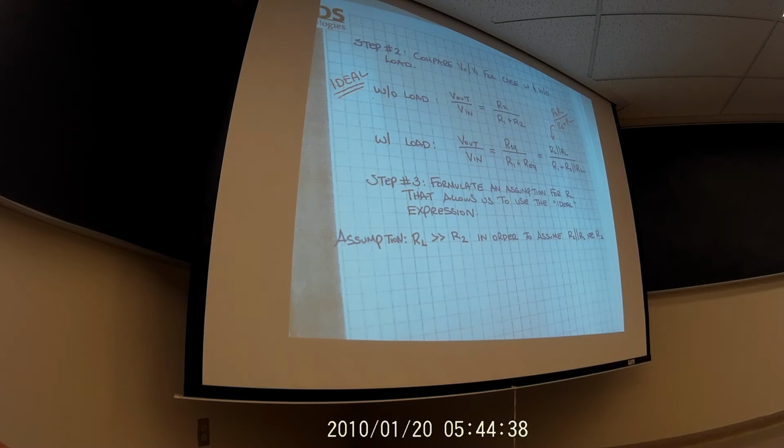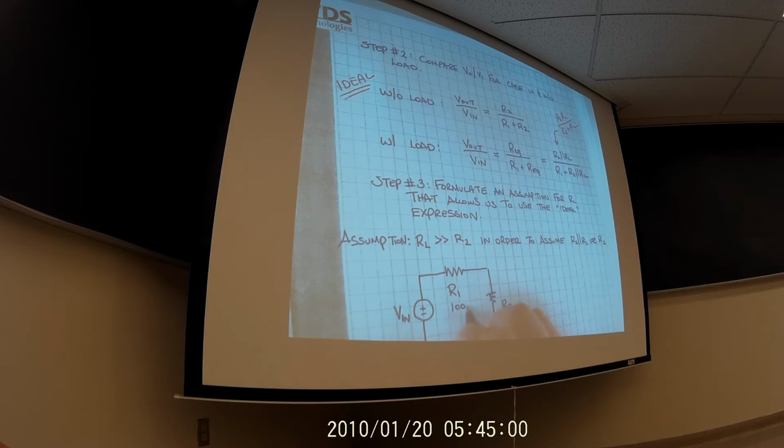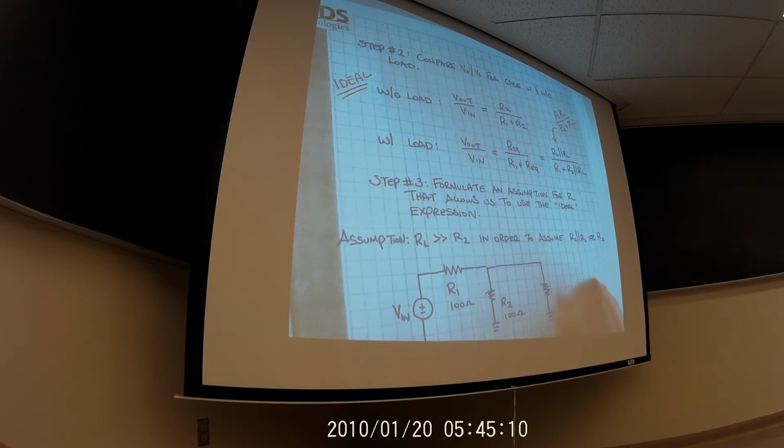So to give an example of that, let's say we had a voltage Vin, we had an R1, we had an R2, and so this is going to be 100 ohms, this is going to be also 100 ohms, and this right here, the load, is going to be 10,000 ohms.